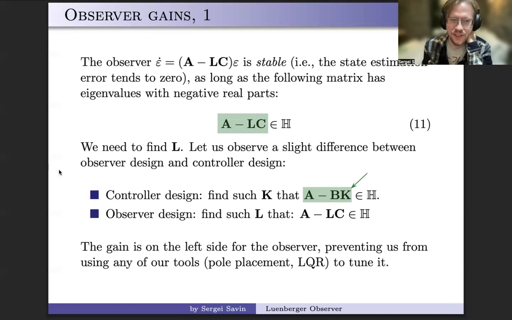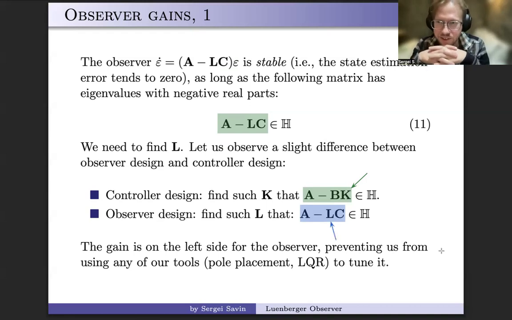Now, the difference between that and this is the location of the gain. The gain is located before the C matrix. In our control example, K is located after the B matrix. But here the gain is located before C.